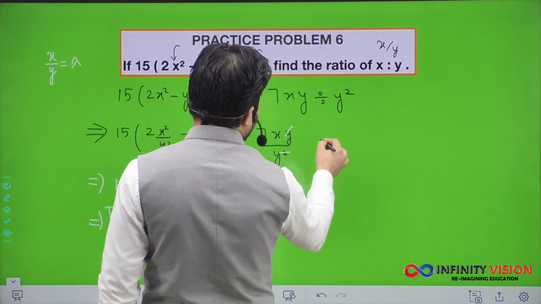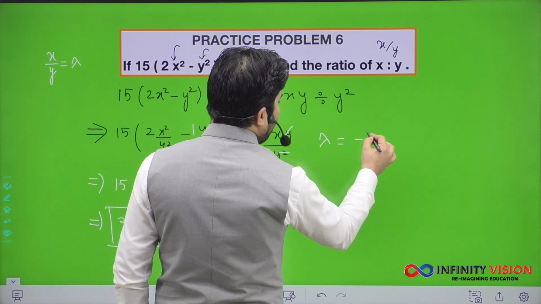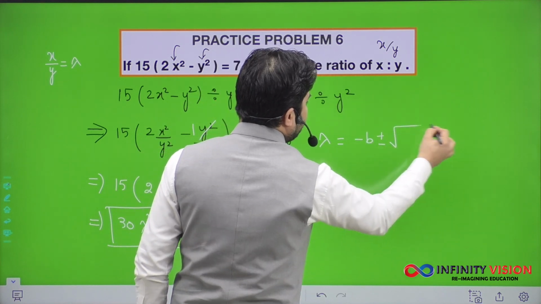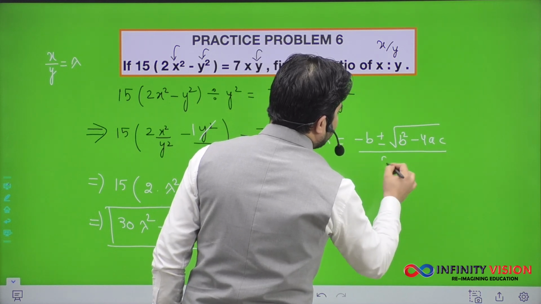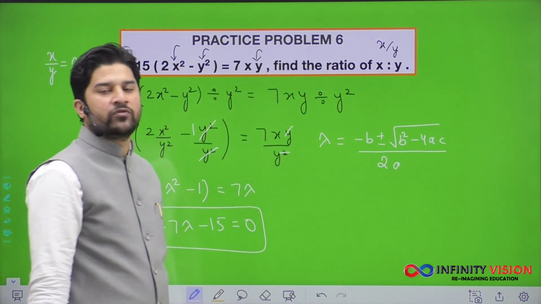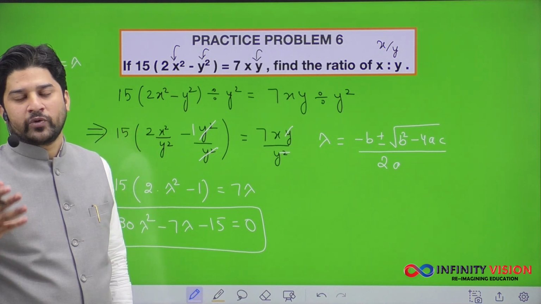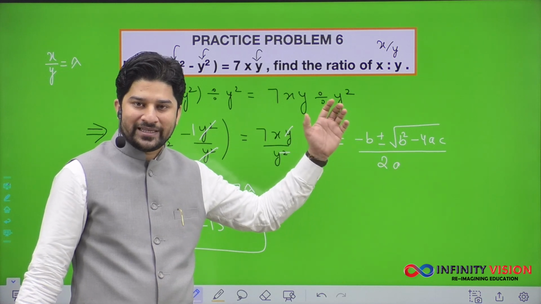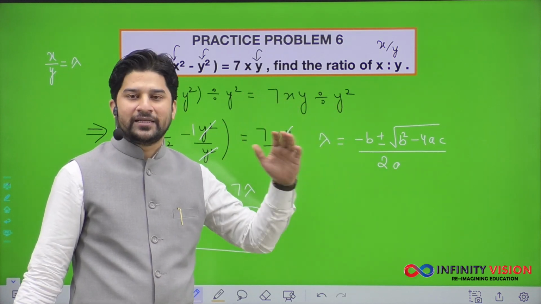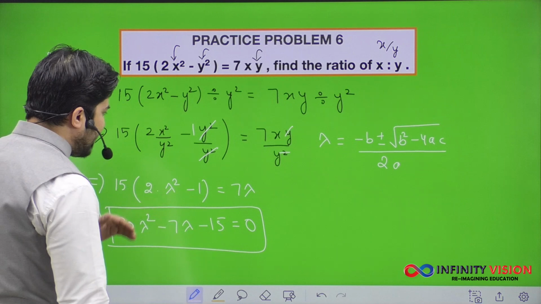So I can say my lambda is minus b plus minus under root b square minus 4ac by 2a. That is the root of a quadratic equation of a lambda square plus b lambda plus c, where a is the coefficient of lambda square, b is the coefficient of lambda, and c is the constant. So let's see what exactly we have.